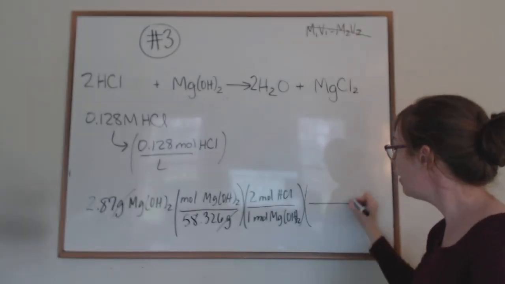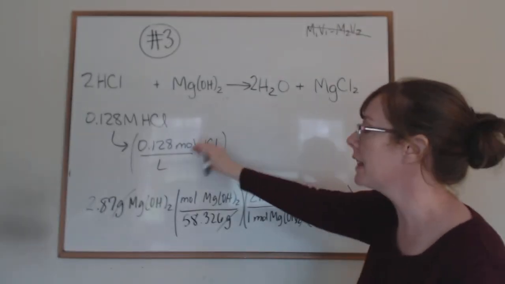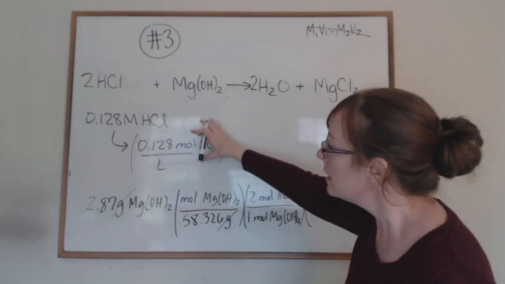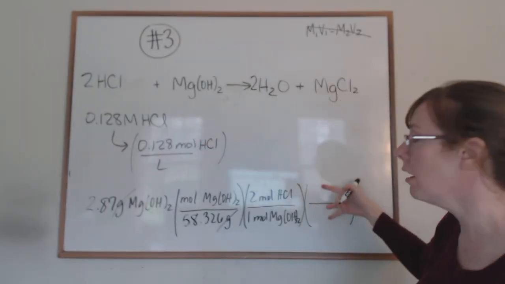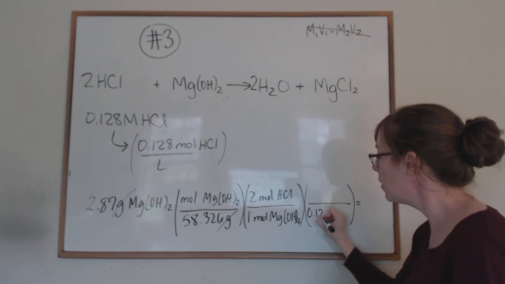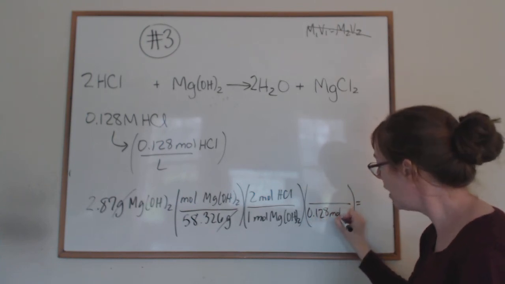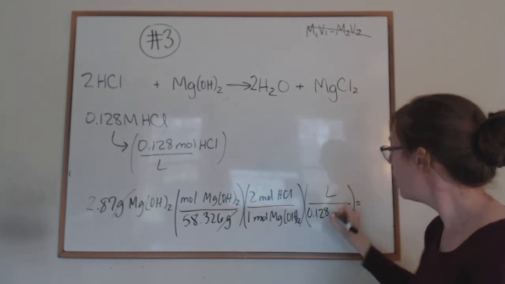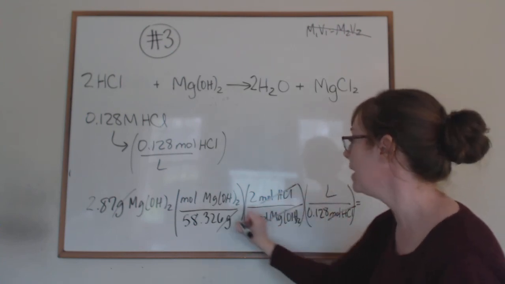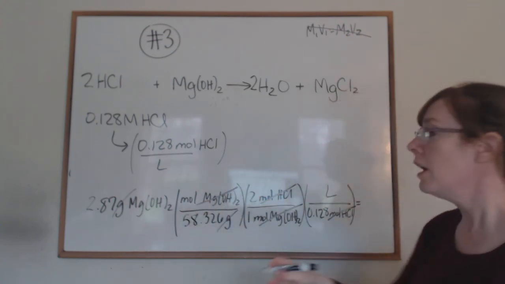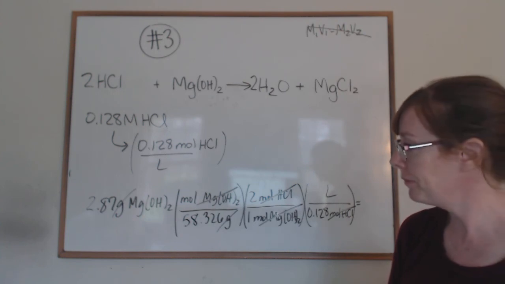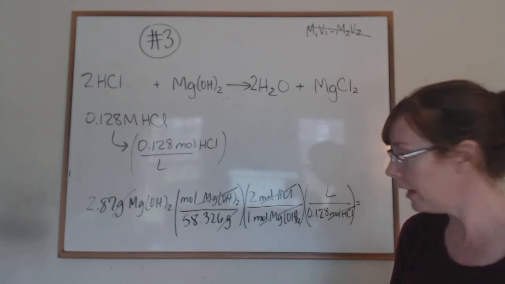I have it laid out in my mind or on my paper, but that's going to be my last puzzle piece. This moles per liter will go here flipped upside down. Do you see that the moles of HCl is going to cancel? And I will end up with my surviving unit being liters, which is exactly the goal. So now I have this set up perfectly, and it's time for my calculator.